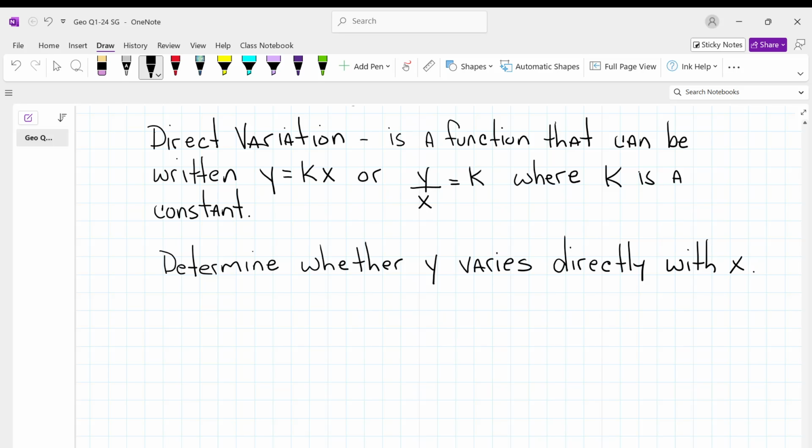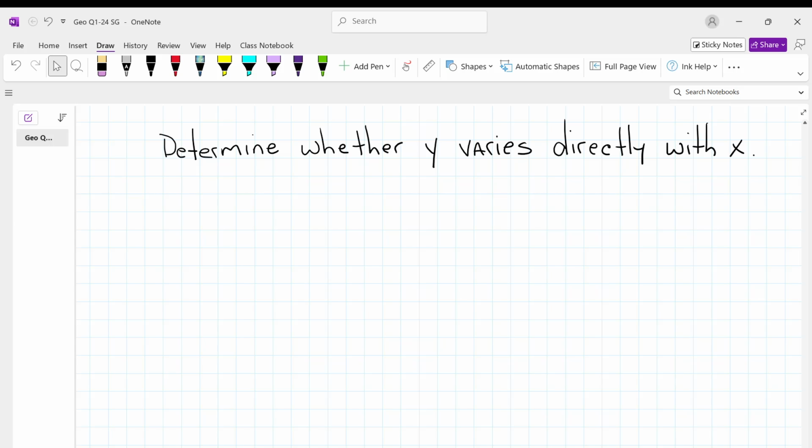If you're asked to determine whether y varies directly with x, and then you're given a table of values, and let's say that your table of values has 1, 3, 4 as your input, 2, 4, 6 as your output, and this is the question: determine whether y varies directly with x.